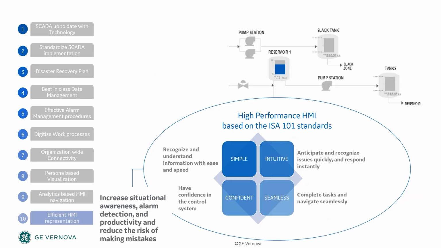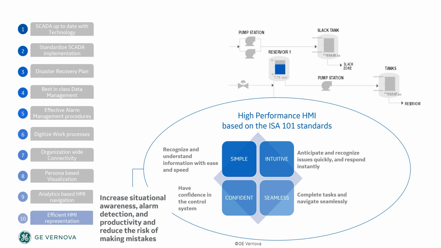And then what this brings us to is our final recommendation, and something that my co-presenters Haley and John will go into in more detail, which is seeing how we can use some of the efficient HMI standards.